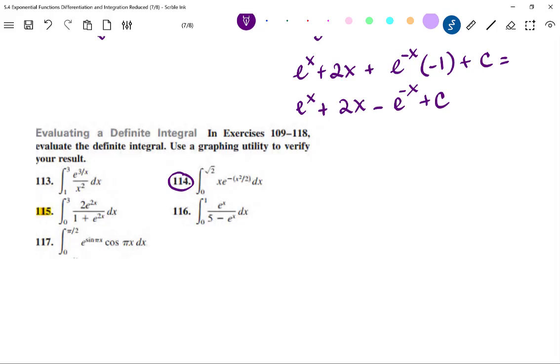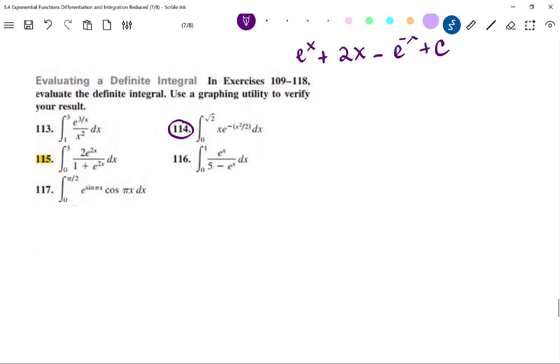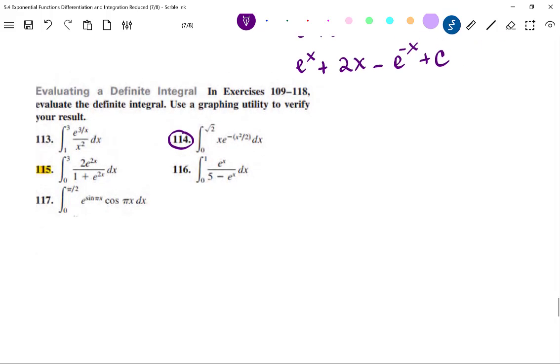114. Now this example is a definite integral, so make sure that you change the variables or you use indefinite integrals to solve the problem. So if I'm going to use indefinite integrals, I'm going to solve the integral of x e to the negative x squared over 2 dx.